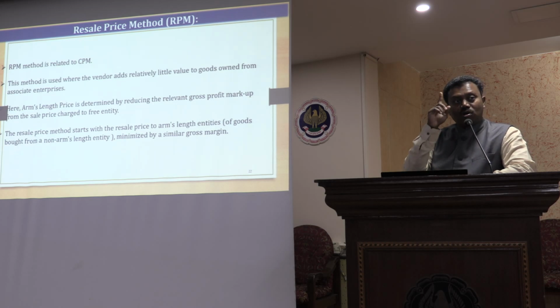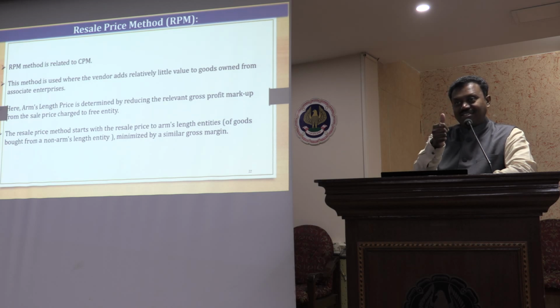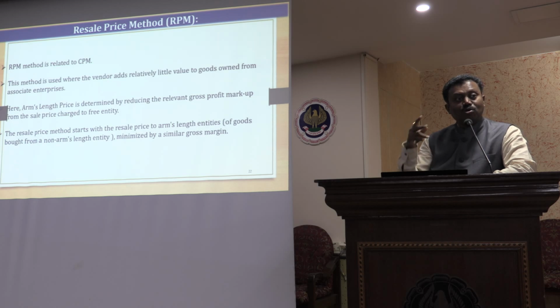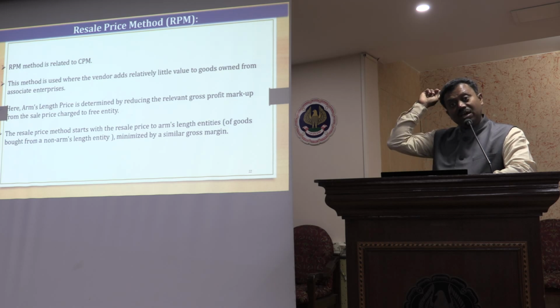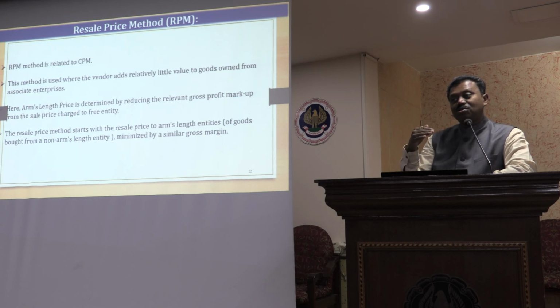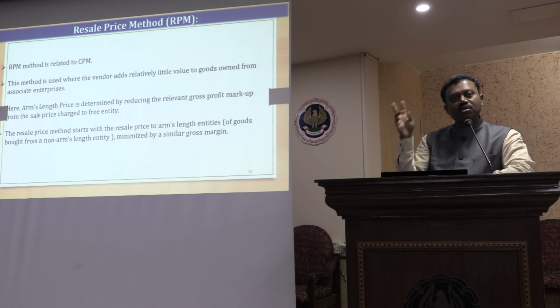But the cost plus method is normally in percentage terms, RPM in value terms, because you are comparing price. So price 100 to price 120, difference is 20, correct? You are comparing price level in RPM, and GP percentage in cost plus. That is the difference between cost plus method and resale price method.